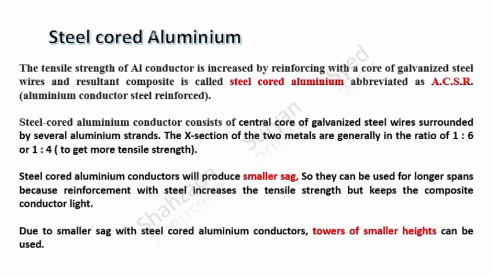Aluminium conductor produces greater sag due to its weight and due to low tensile strength. So they are not preferred for larger spans of long transmission lines.